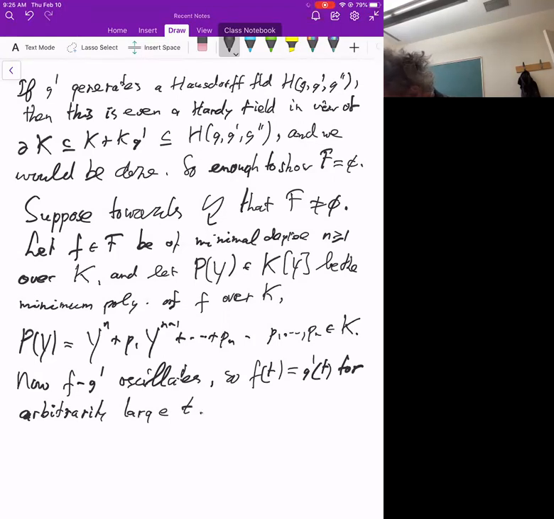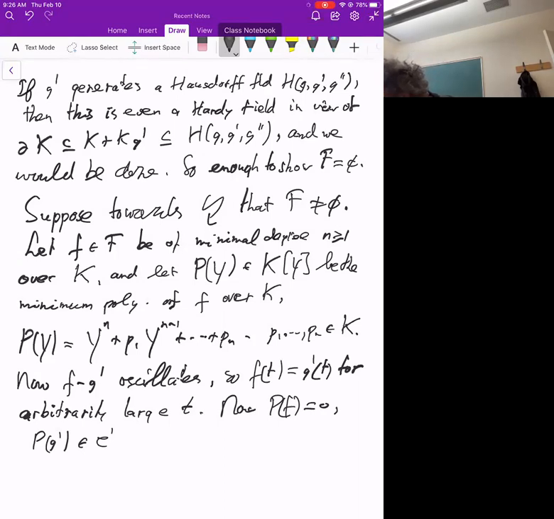Now P(f) is 0. And P(g prime), well, what is P(g prime)? You can also plug in g prime for y. It's certainly C1, since g prime is C1 and the coefficients of P are C1.